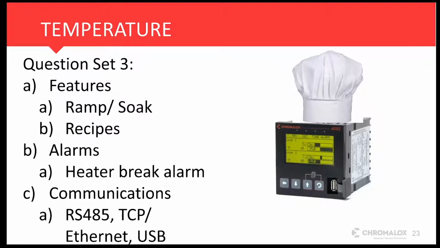So after you go through these 3 question sets, your possible choices as far as controllers you can use should be very small. My rule of thumb is to choose the simplest one that hits all of the features needed. In my opinion, let's say you wanted to control 2 loops, using 2 of those simple 20 series or even 40 series controllers will actually be less expensive and way less complicated than using a 4082.